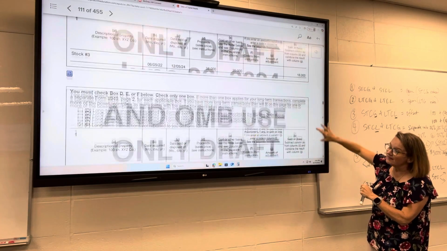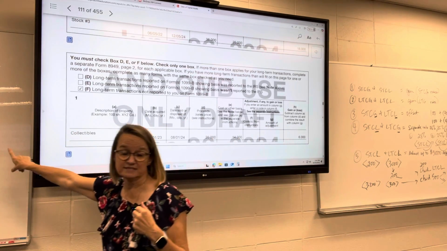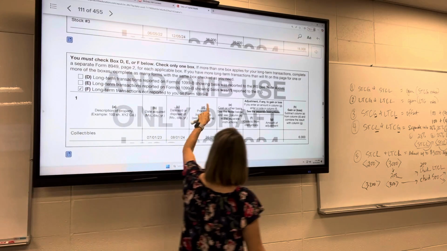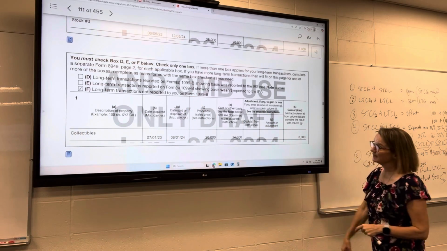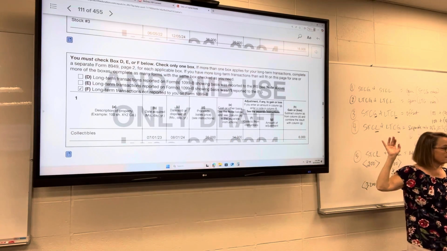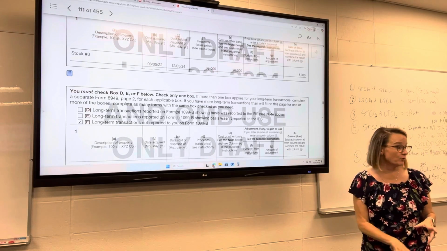Basis reported. And then we would have a third form because those collectibles would not show up on a 1099-B. So we have a third one, long-term transactions not reported on a 1099-B, collectibles, right here. So in our example, there are 3 of these forms.